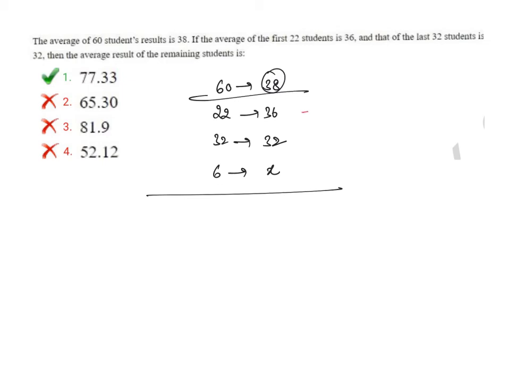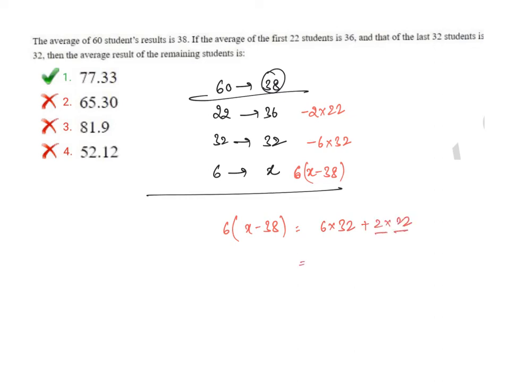So the difference is minus 2 into 22. The difference is minus 6 into 32. The difference is x minus 38 because x is greater than that, into 6. So if I equate it, 6 into x minus 38 is equal to 6 into 32 plus 2 into 22.